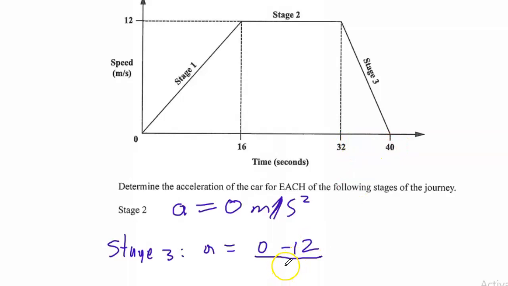So it's minus 12 divided by 8, that's minus 1.5 meters per second squared. And of course, the negative value means the car is slowing down, the speed is decreasing.